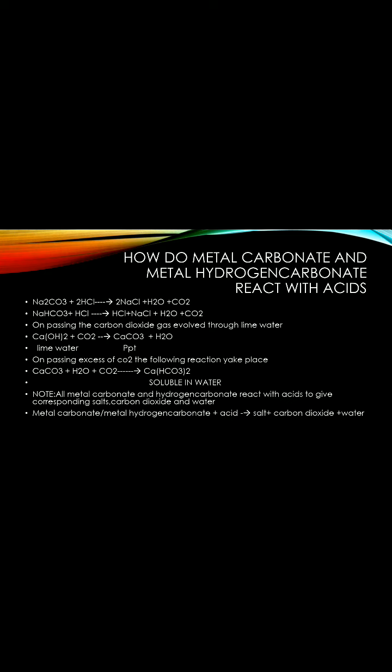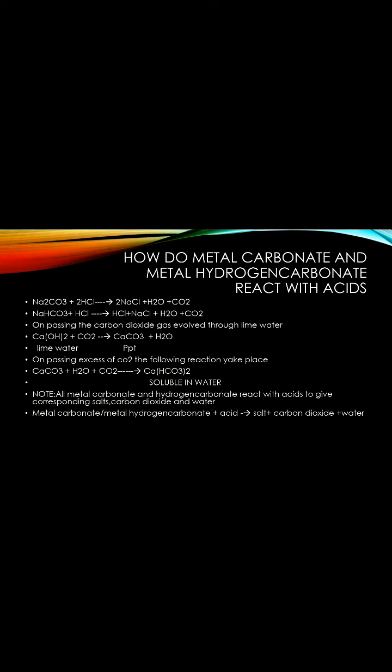Okay, next we shall discuss how metal carbonates and metal hydrogen carbonates react with acids. Say for example, when sodium carbonate reacts with hydrochloric acid, it gives rise to NaCl, water and carbon dioxide. Here Na2CO3 is the sodium carbonate.